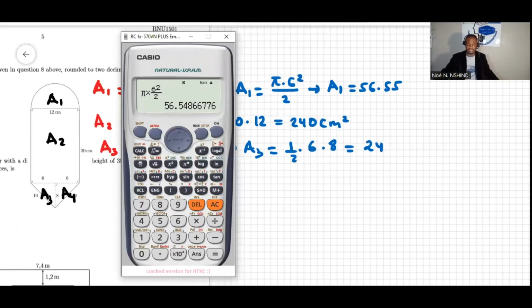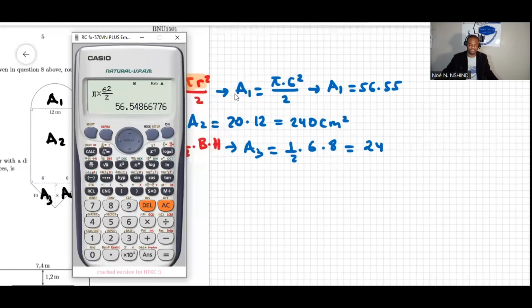I say 56.55 because I want to round it to the second decimal place, but I look at the third decimal value. It is more than 5. Then I will increase the second decimal digit by 1 unit, so 56.55. Over here, we can also check 20 times 12 in the calculator.